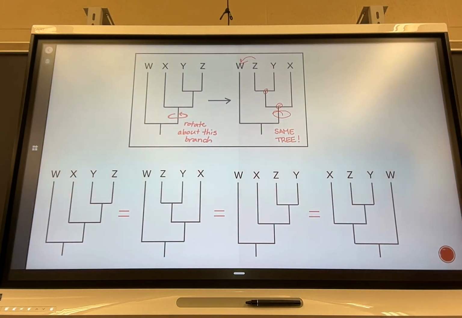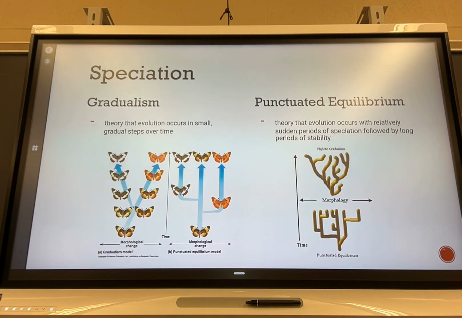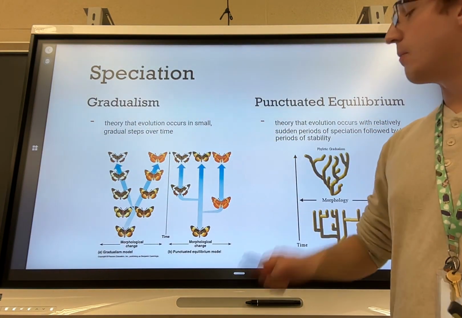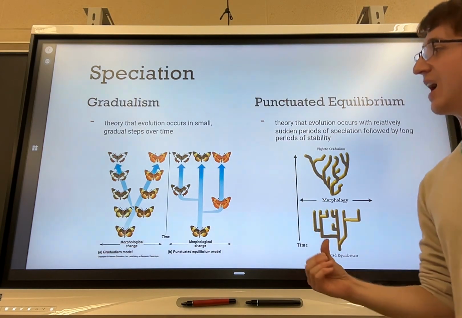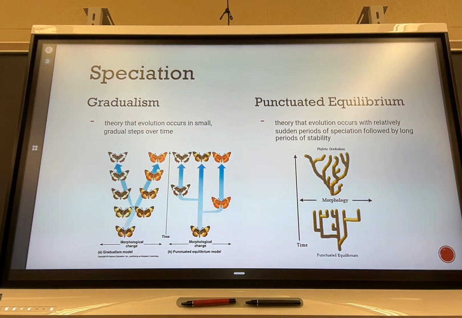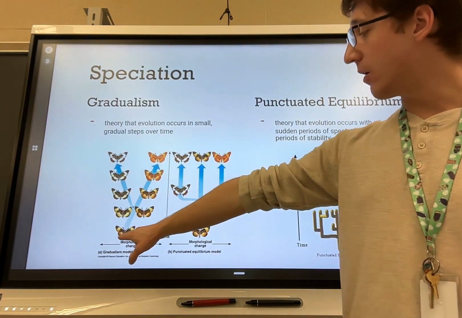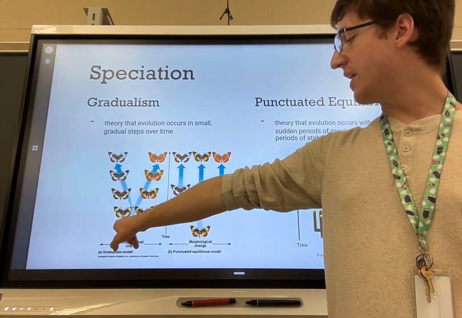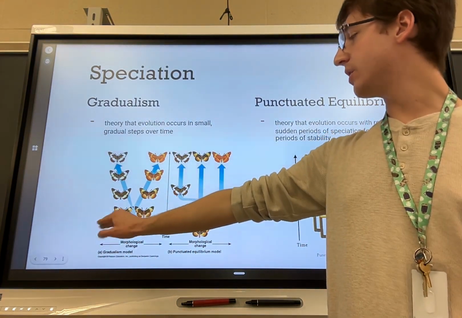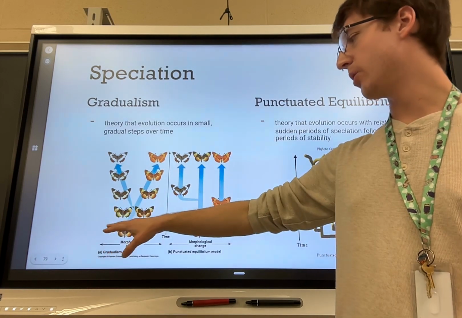And this gives us an idea of 2 different forms of evolution that we are going to talk about: gradualism and punctuated equilibrium. Gradualism is kind of a newer idea that over time, evolution is going to occur in very small, very gradual steps. So you can see in this butterfly over here, we have one that had both brown and yellow-orange.